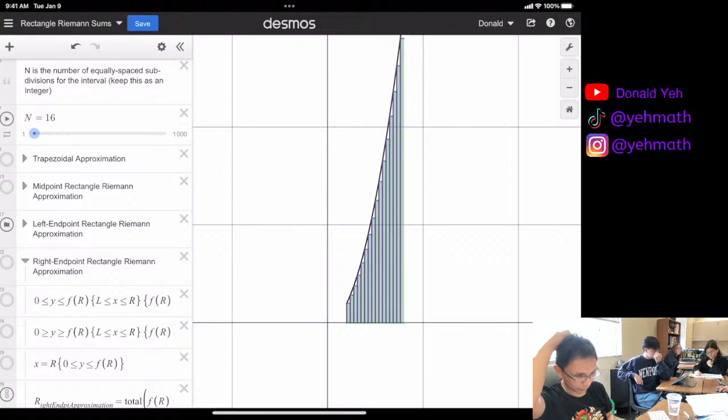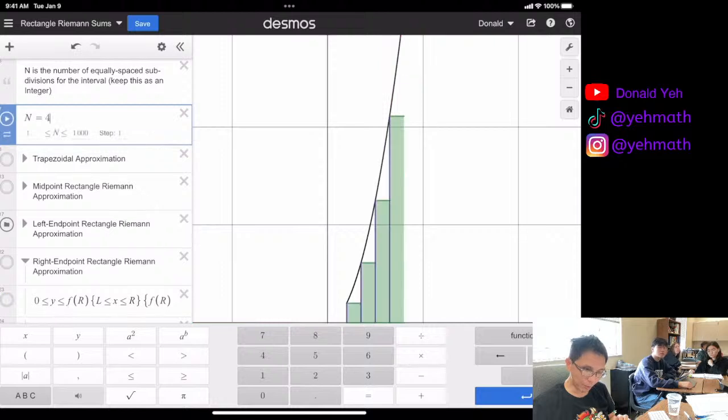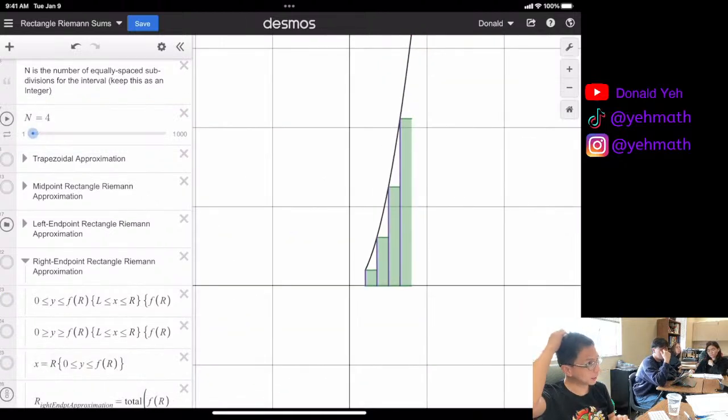All right. We're going to talk about Riemann approximation. It starts with, you can approximate the area under the curve, the definite integral. Before the integral was invented, the problem existed: area under the curve.